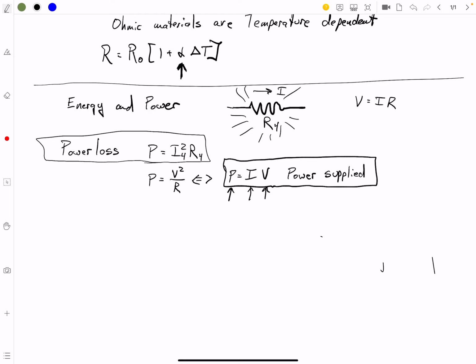So you can figure out your power supplied, you can figure out your power loss. Say you've got four resistors. Well, your total power, which might be the power supplied, is equal to the power loss of 1 plus the power loss of 2 plus the power loss of 3, and so on.